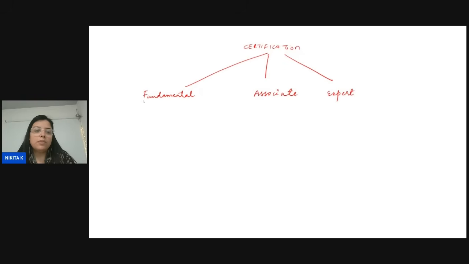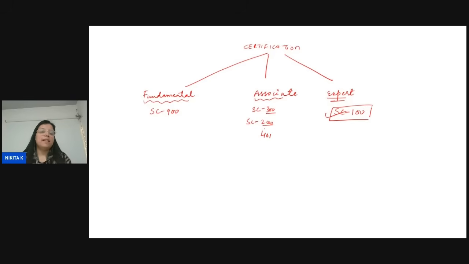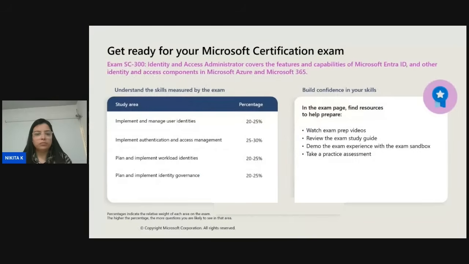In terms of security, your fundamental certification will be SC-900. At the associate level, it will be SC-300, SC-200, and so on. At the expert level, it will be SC-100. For the SC-100 certification, you should have 300, 200, 401 as well. Then only will you be eligible for this expert level certification.